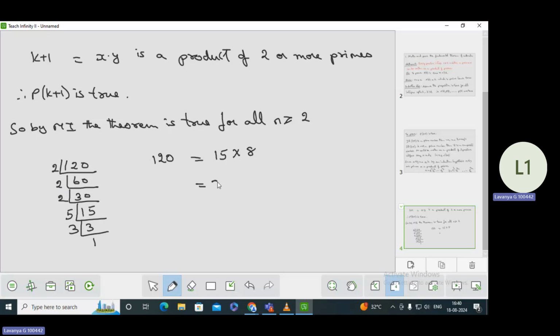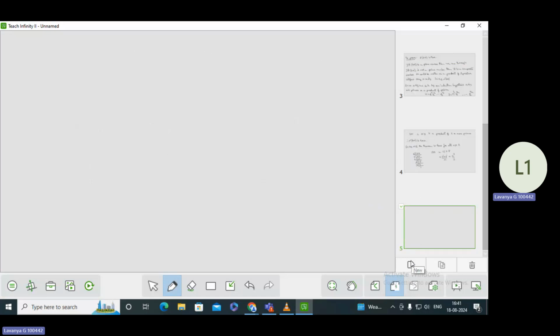So 15 into 8 is 3 power 1 into 5 power 1, which could be taken as my x. My y could be 2 cube. So this is a small illustration whereby you can see, here it is repeated, your L1, M1 and all. 2 raised to the power how many times? That is what is represented. I hope you understand.